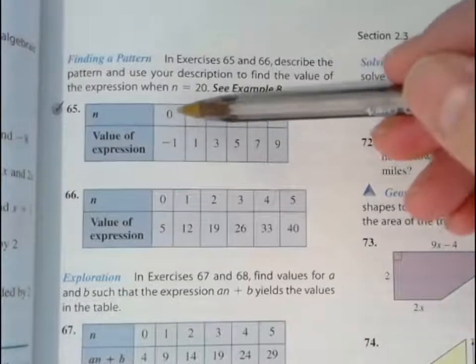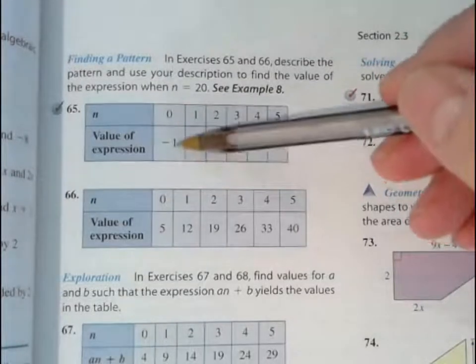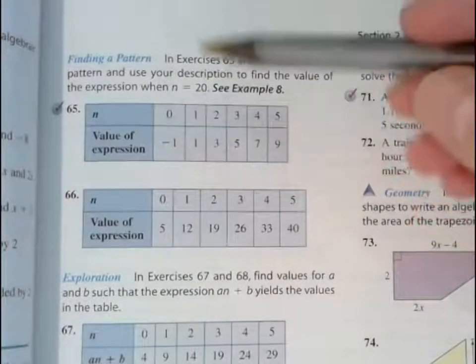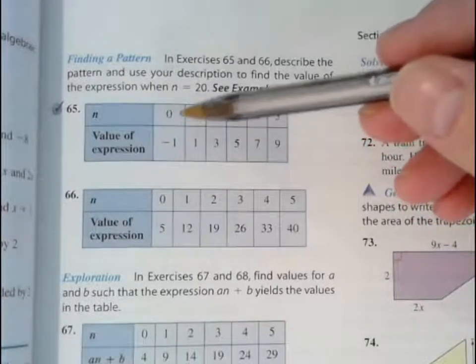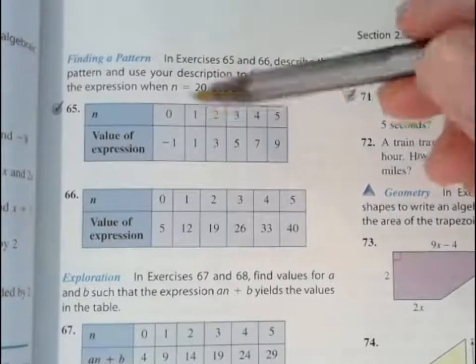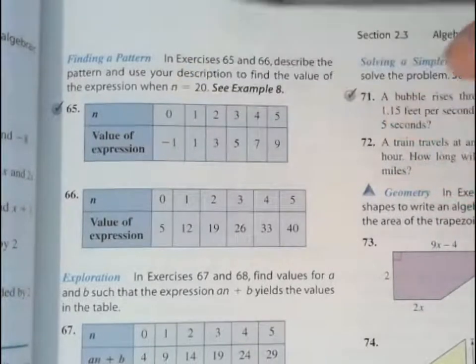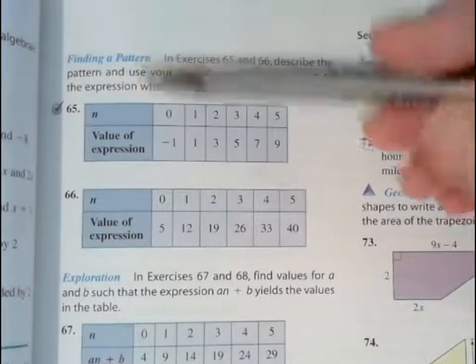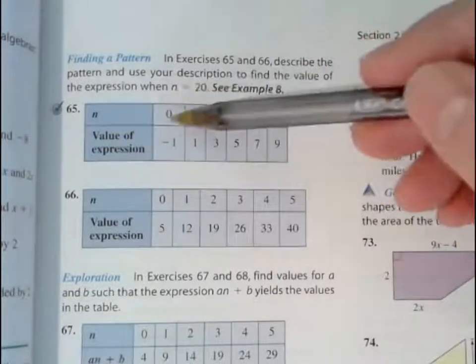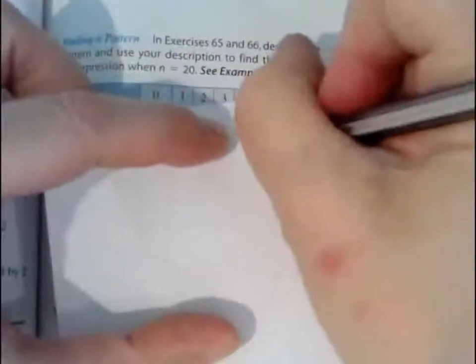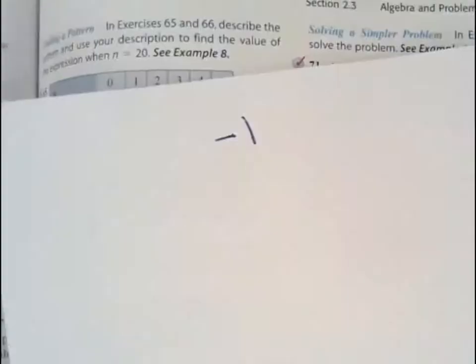So if n is 0, then the expression is -1. That right there tells me, because we know that anything times 0 is 0, and the value of the expression when n is 0 is -1, that there's going to be a -1 as part of the expression.